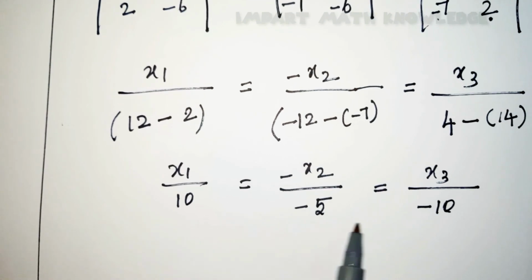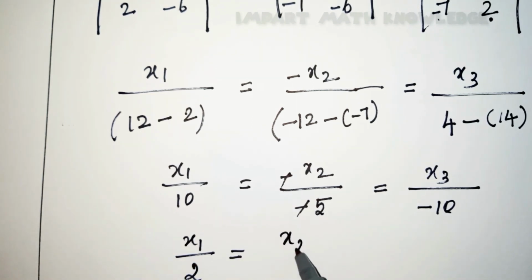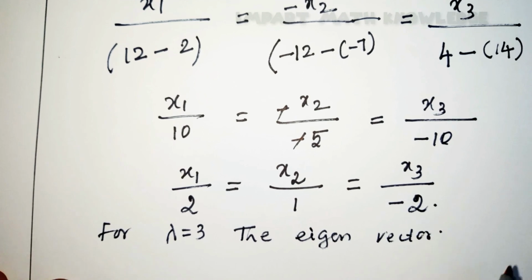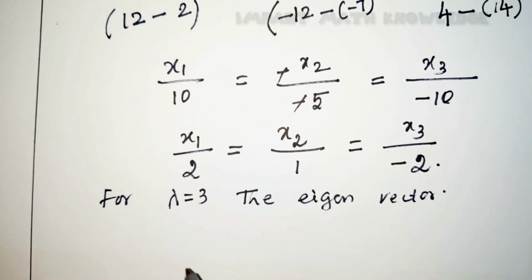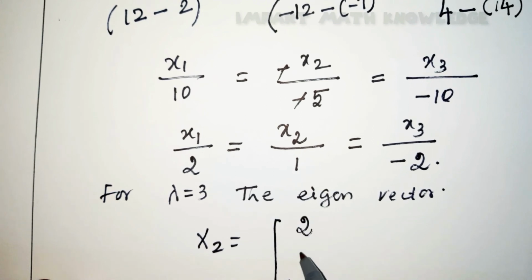Now all the three values are divisible by 5. So the simplest form is x1 by 2, the negative sign getting cancelled, x2 by 1 and x3 by minus 2. For lambda equal to 3, the eigenvector x2 is equal to [2, 1, -2].